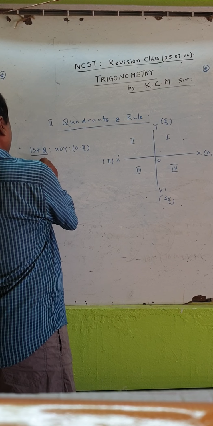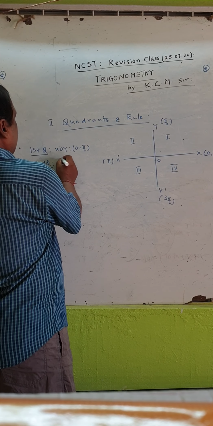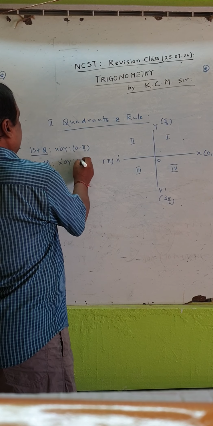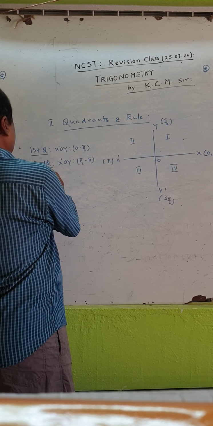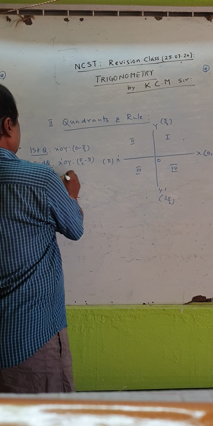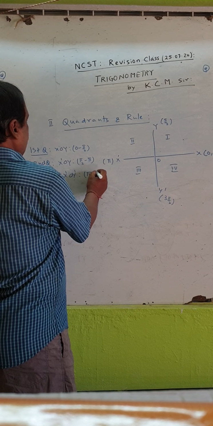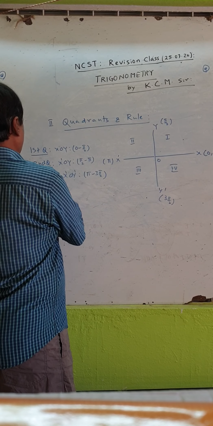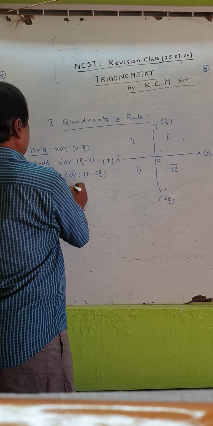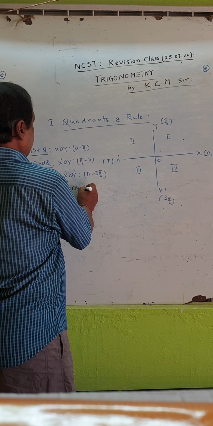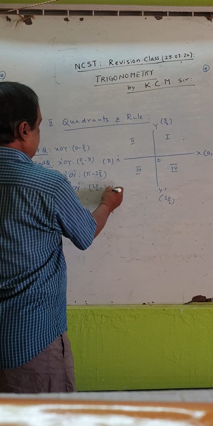Your second quadrant is X dash OY, that is 90 to 180. Your third quadrant is X dash OY dash, this is 180 to 270. And your fourth quadrant is XOY dash, this is 270 to 360.